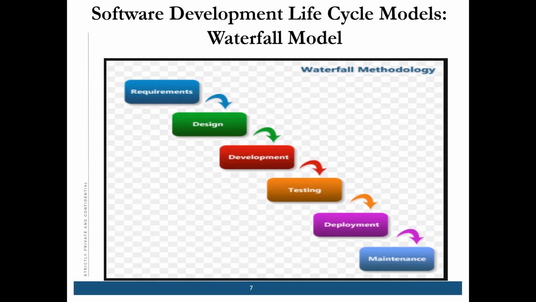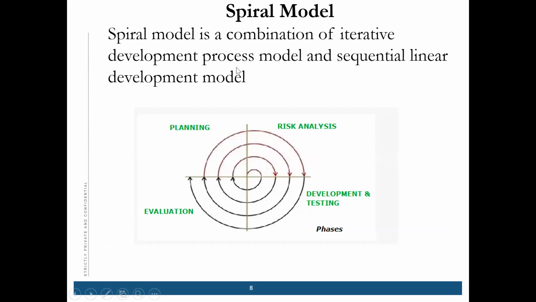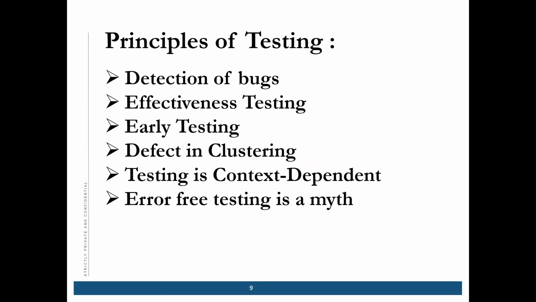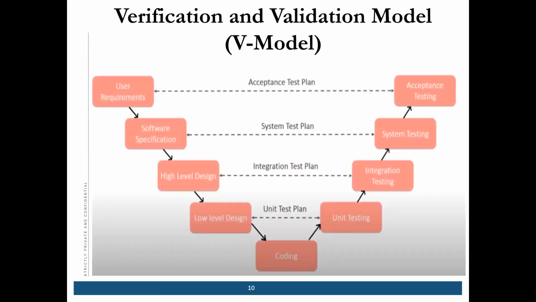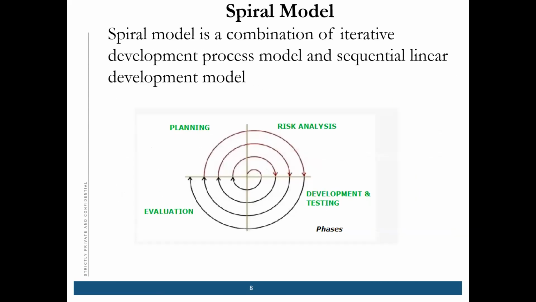But in new, upcoming projects, the waterfall model is not in use. There are other models in use, like the spiral model and the V model. We will learn about these two models also.